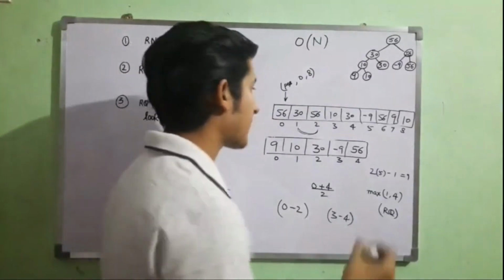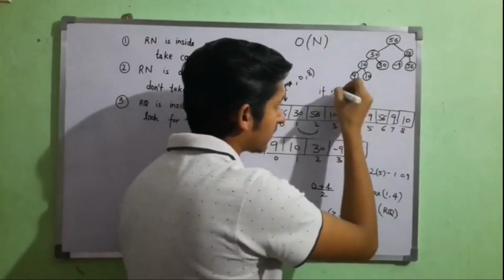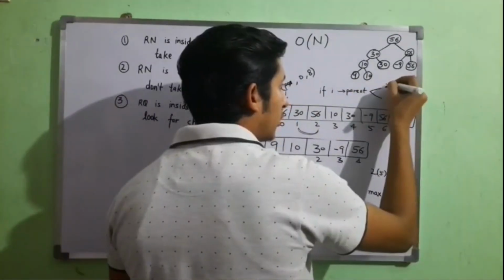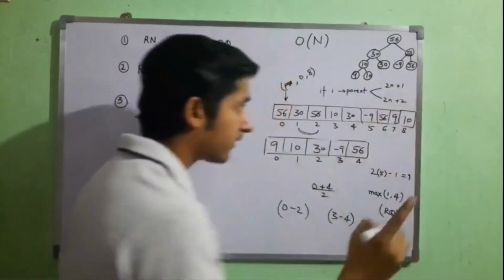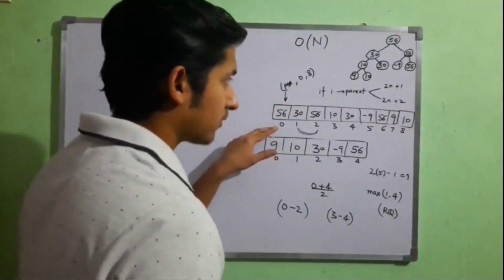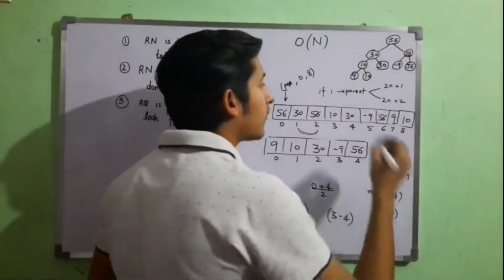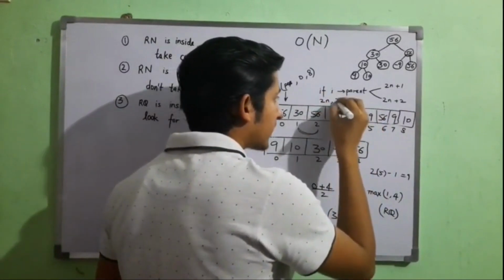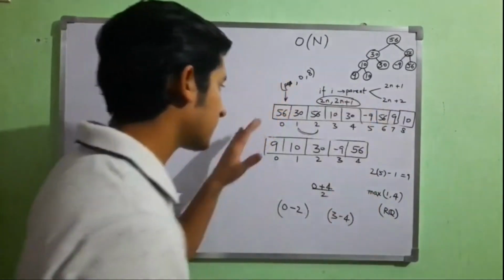Now, if I is the parent, then it will have 2 children, 2i plus 1 and 2i plus 2. If I would be starting from the first index, then its first child would have the index 2i and the second child would have the index 2i plus 1, okay? But in general the array starts from 0.